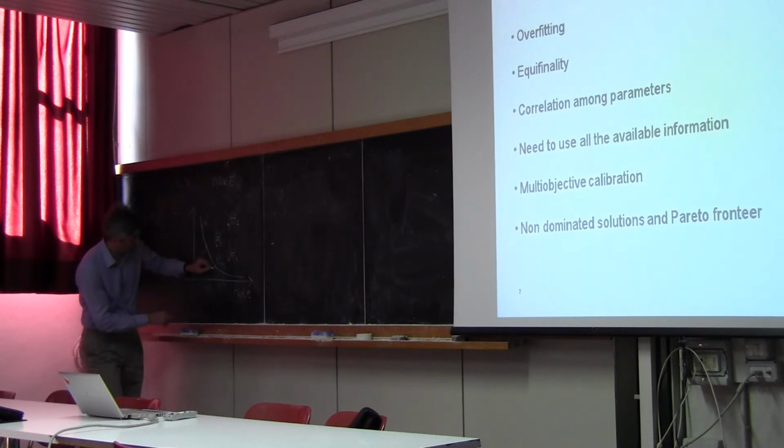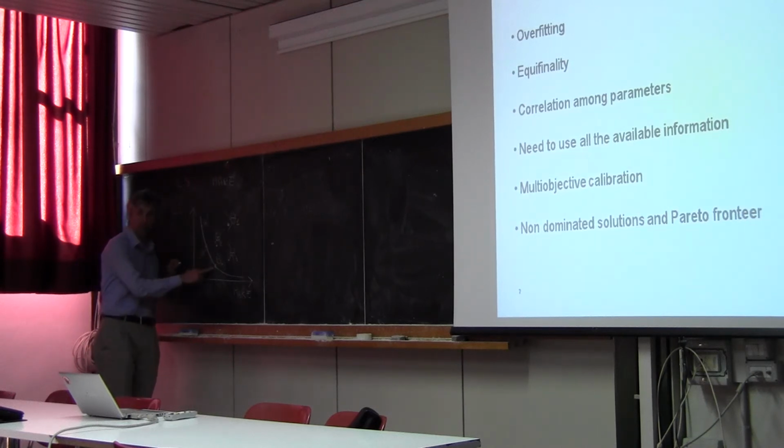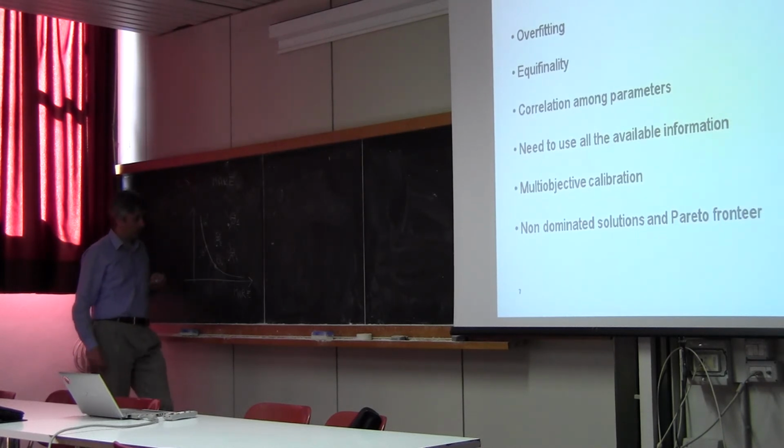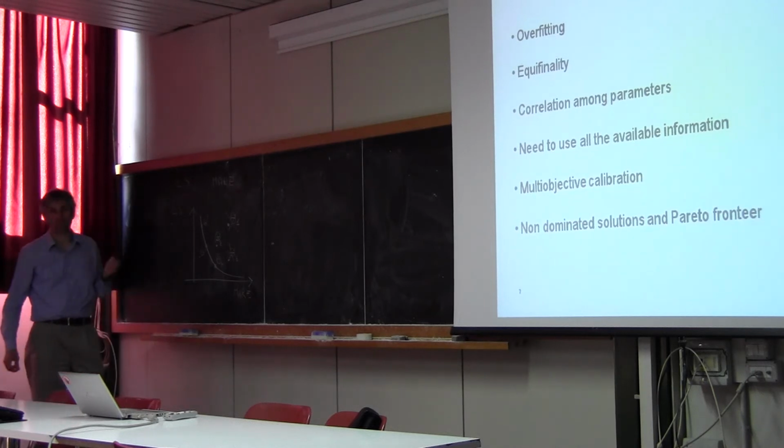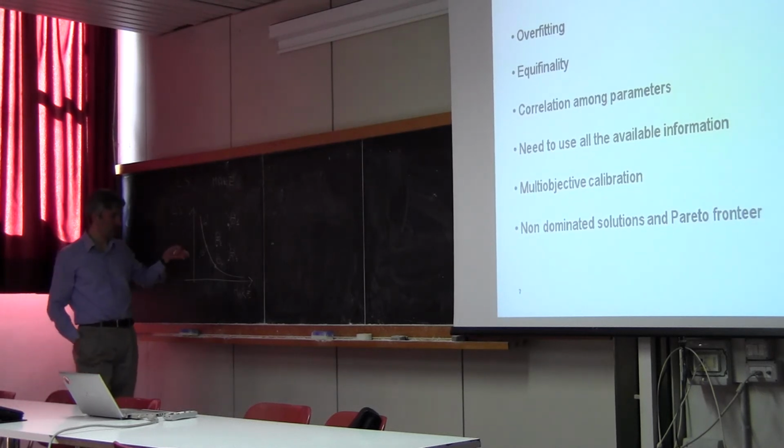So for this solution here, theta 4, I say that it's non-dominated because I cannot find another parameter vector that has both the objective functions that are better. Okay? And therefore, you typically end up with a curve that is displaced in this way. Of course, you may have different shapes, but typically it's this shape here.